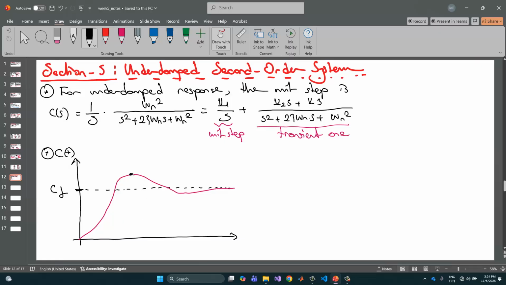And so what about this? This is the what? Peak time, right? And so if we draw it, this is the T peak because it's a peak, okay? And so just remember the first order response. We say that 2% of the final values is equal to the settling time, right?